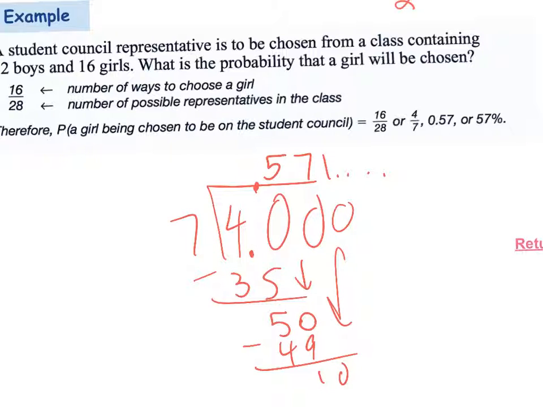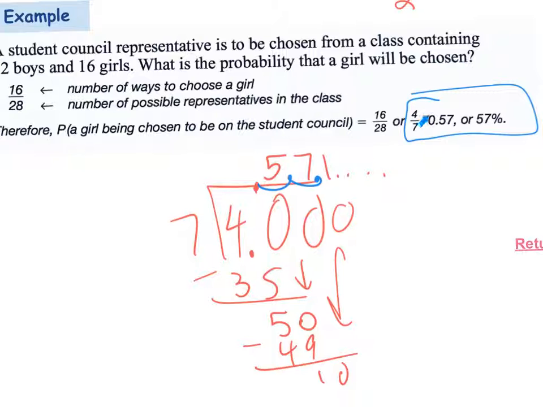And then I would keep on going, but I would stop at 0.57. And then to change that to a percent, you move it 2 to the right. That's the reason why 16 out of 28, you could also say 4 out of 7, or a 0.57 probability, or a 57% probability. You will be asked to give me the probability as a fraction, decimal, or percent.